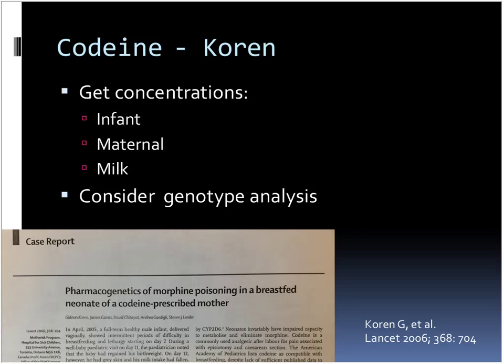If you can do that, you should be able to determine what actually happened. And of course, in a situation like this, where this mother might have been accused of poisoning her child with morphine, you can consider things like genotype analysis for CYP2D6, or thinking about adverse events from drug interactions.